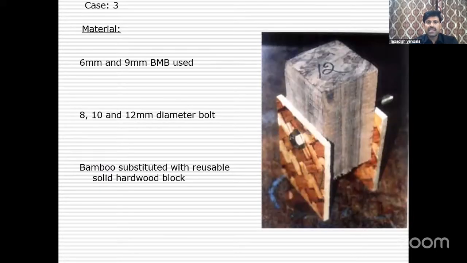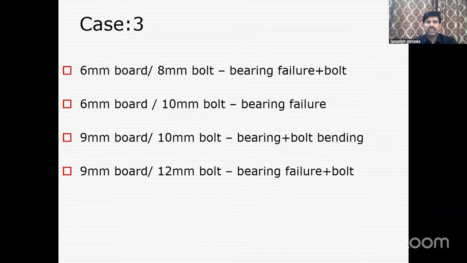Next, case 3, where we are changing the mat board thickness. Here we have taken two variations. Bamboo is substituted, because for the experimental purpose we have taken just wood as a substitute. Here we have taken 6 mm and 9 mm thickness, and also 8, 10, 12 mm diameter.